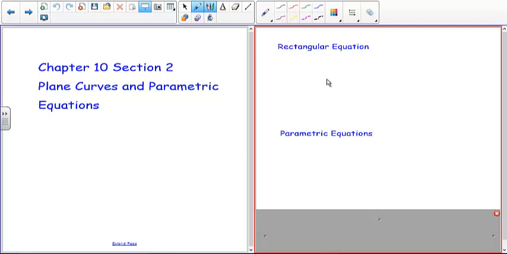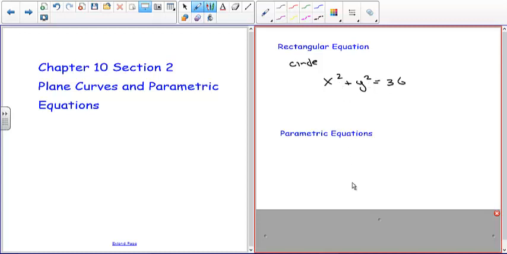So for example, a circle. We're going to do a circle in both parametric and rectangular form. The rectangular form is the one we're used to, which would be x squared plus y squared equals 36. That would be the equation for a circle. It's an implicit equation because I haven't solved for x and y directly.